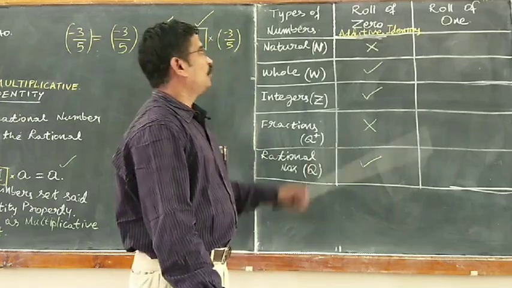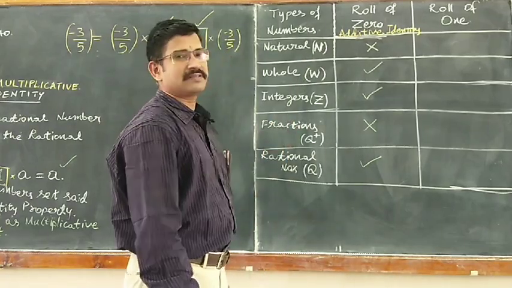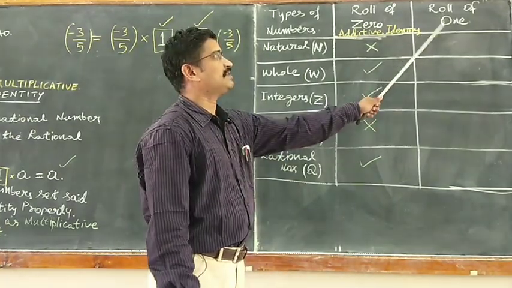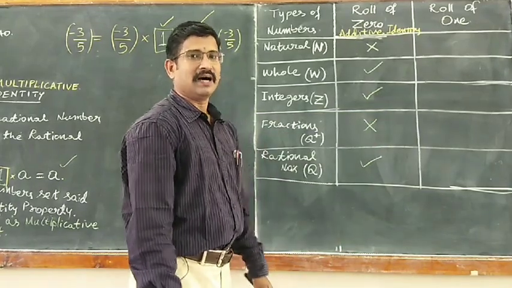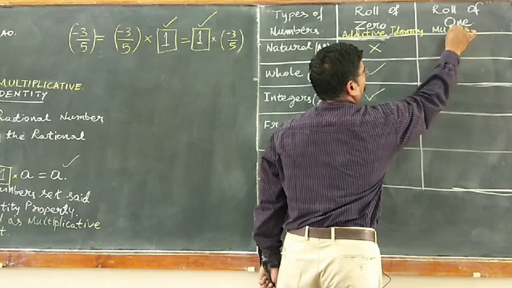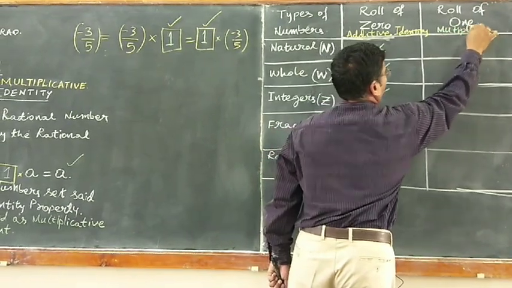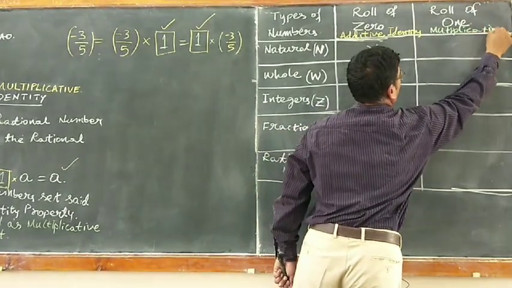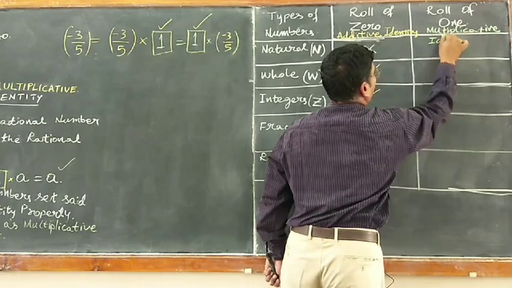Children, now for different types of numbers, how will this role of 1 property, which is also called multiplicative identity, work?